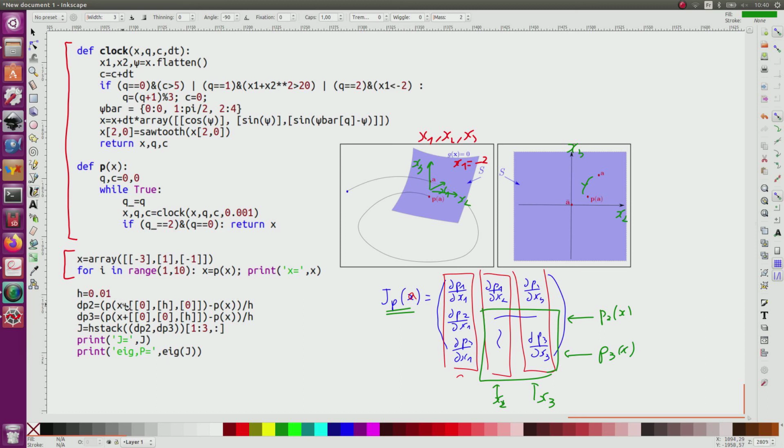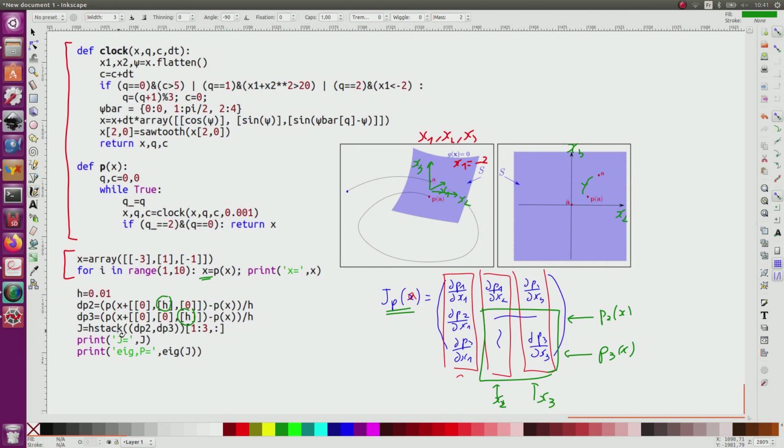I add to the fixed point, a bar, something with respect to x2, and then with respect to x3, and I make the difference just to see the rate or the slope, or how the Poincaré function moves when I change x2 and x3.